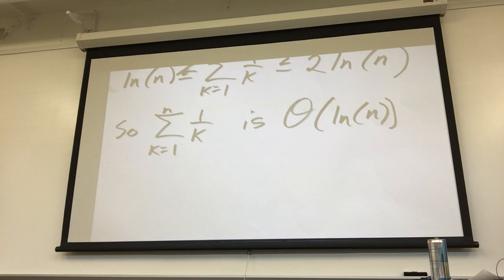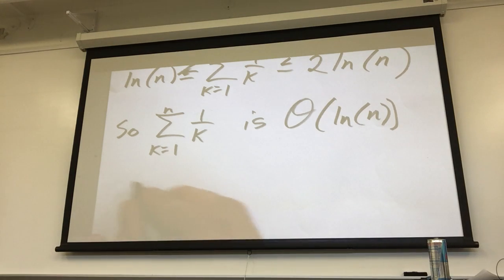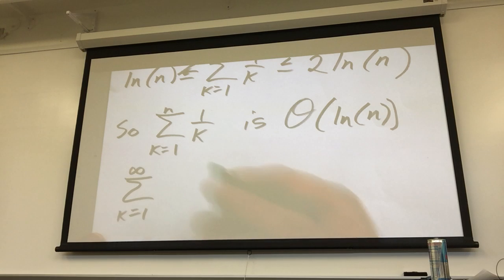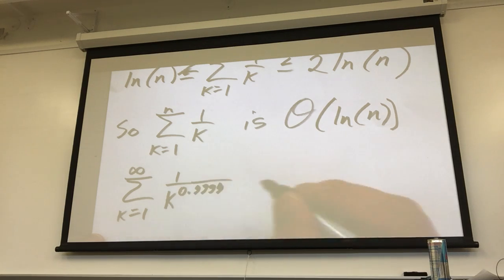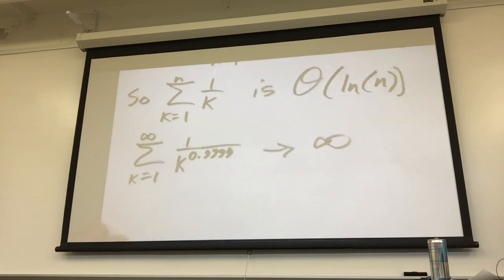the harmonic series actually serves as a boundary. If I said the sum k, which equals 1 to infinity, of 1 divided by k to the 0.9999, that would tend towards infinity.